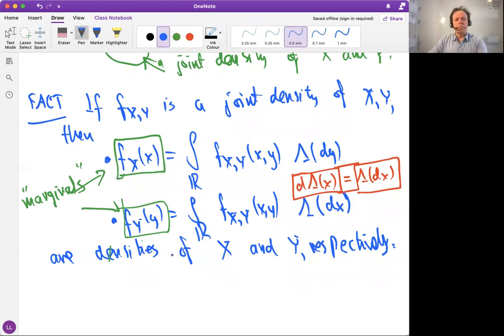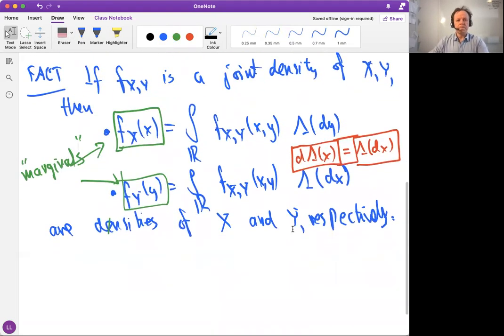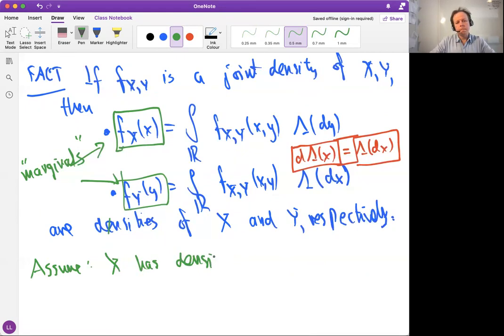Maybe before a little break, one more thing to look at about density. Let's keep this there. Let's assume X has density fX, and let's assume that Y has density fY.